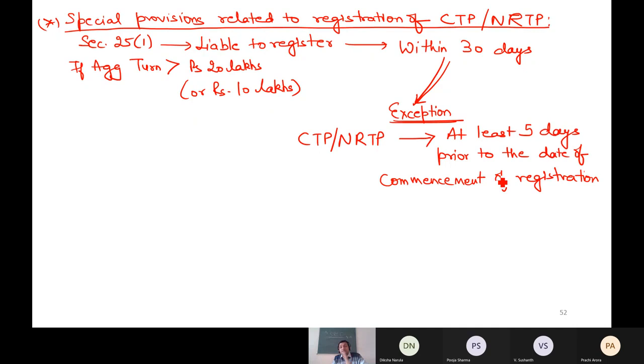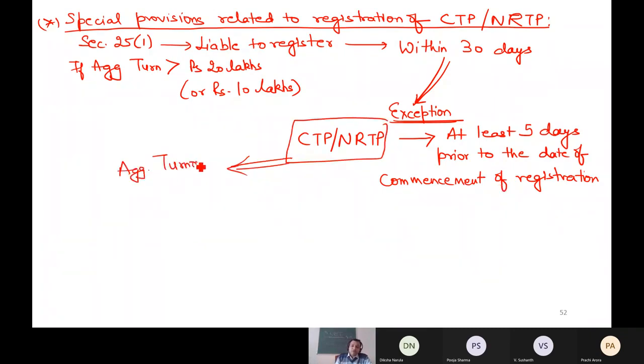Before starting the business, at least 5 days before, you should take registration. So this limit doesn't work by default, because you are not allowing me to start the business. So when can I decide whether my turnover exceeded the limit or not? In fact, I should take the registration before starting the business. So the aggregate turnover concept does not work in these two cases by default. I hope you understood my point.